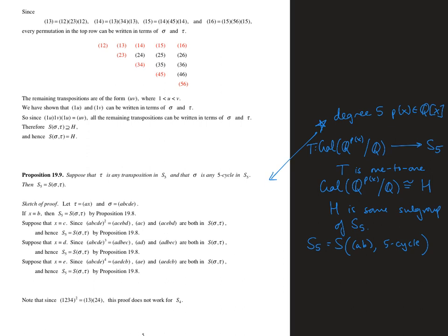So we're going to try to find an F that gets sent to a 2 cycle, and we're going to try to find a G that gets sent to a 5 cycle in the Galois group of Q adjoin the roots of p of x over Q. And then we'll be able to say that the Galois group is isomorphic to S5, and that's going to be good news for a reason we'll talk about a little bit later in the course.